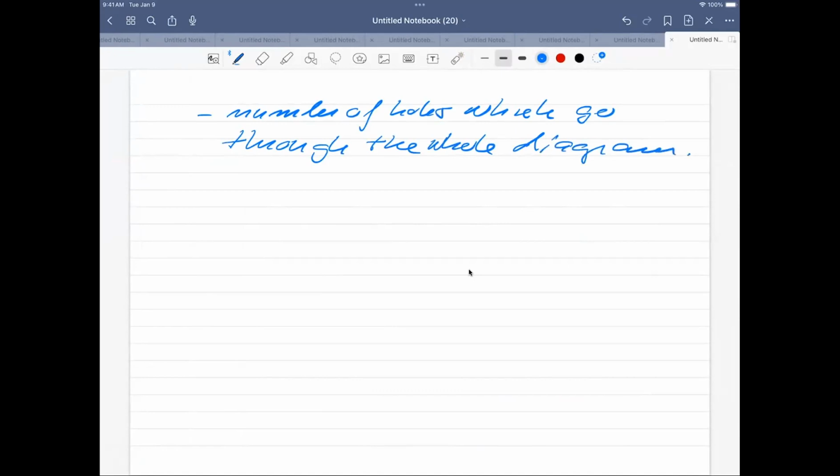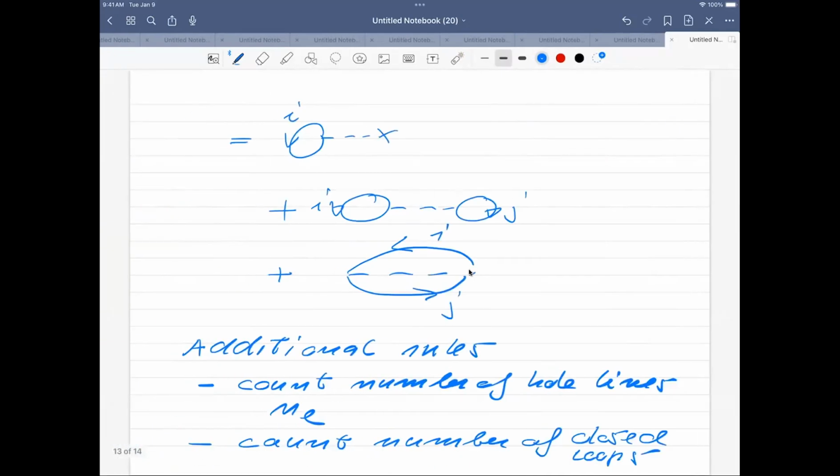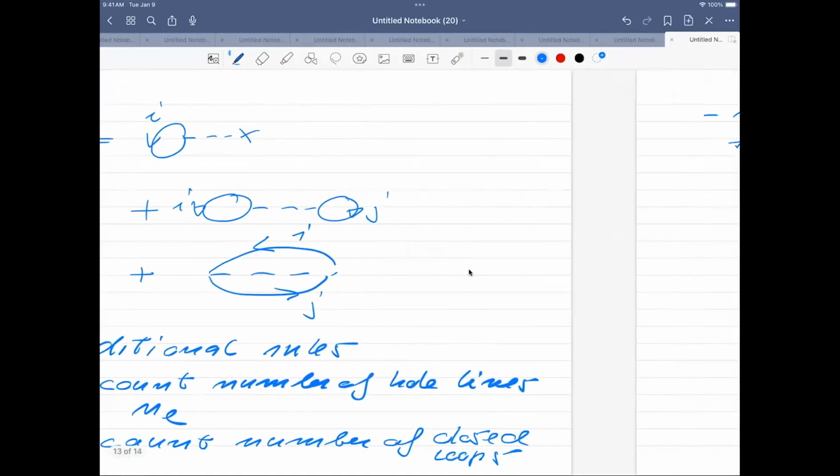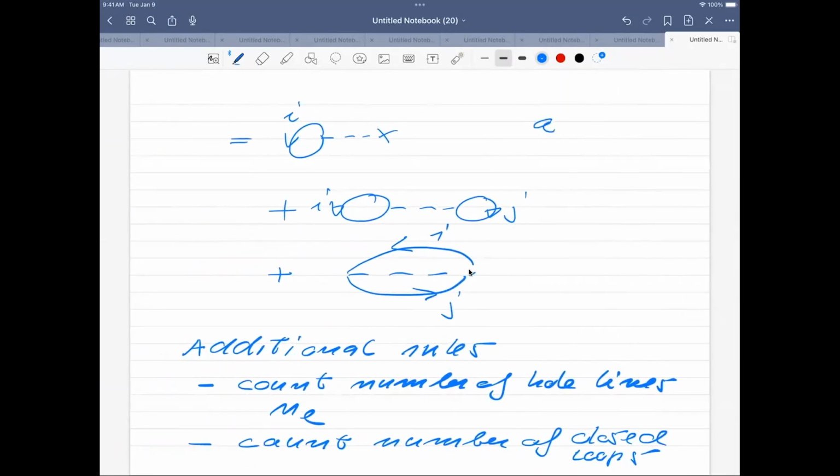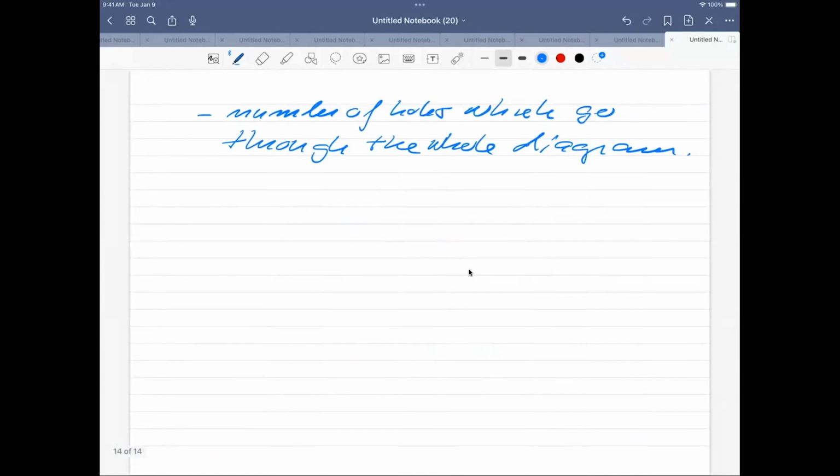So if we look at these diagrams which we have here, let's take a look at the first one and just give labels. This is A, this is B, and this is C. So for A, we have this specific diagram, with an i here. So we have a number of holes equal to 1, and number of loops equal to 1.